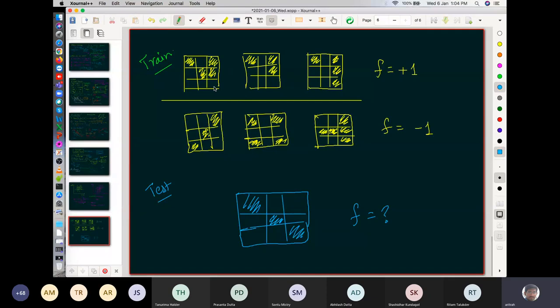This is the practical scenario, right? What you are trained on, you will not get that example. Why I give you this example is that it depends upon what you want to look for. If I want to look for this cell, and everything here is 1, then I will classify it as f equal to +1.